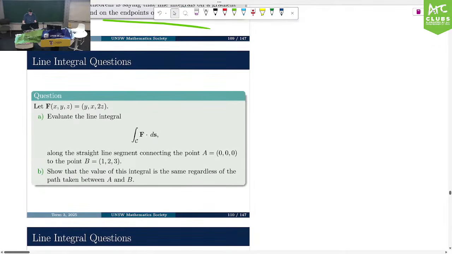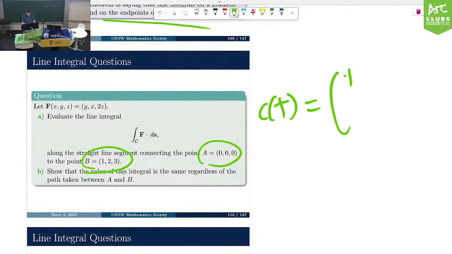So we're given this function. It's going from A to B. You can do the calculation explicitly, where you parameterize this curve by, say, c of t is equal to t, 2t, 3t, where t is between 0 and 1.